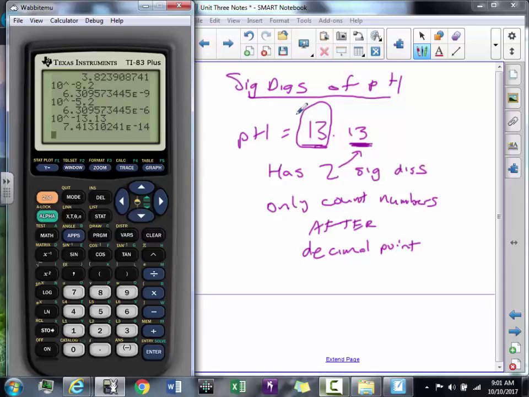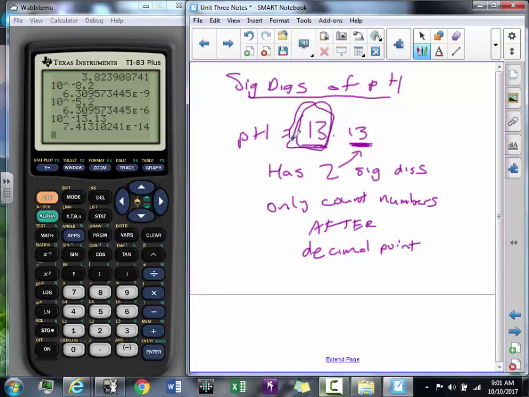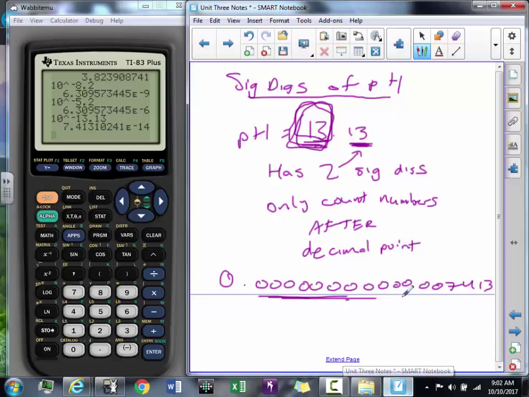Okay. Well, this 13 right here, really in a way, here's what it represents. This number right here, if I wrote it out, goes 0.1, 2, 3, 4, 5, 6, 7, 8, 9, 10, 11, 12, 13, 14. There's that number actually written out. This 13 right here really refers to how many zeros, essentially, you have in front of that number.